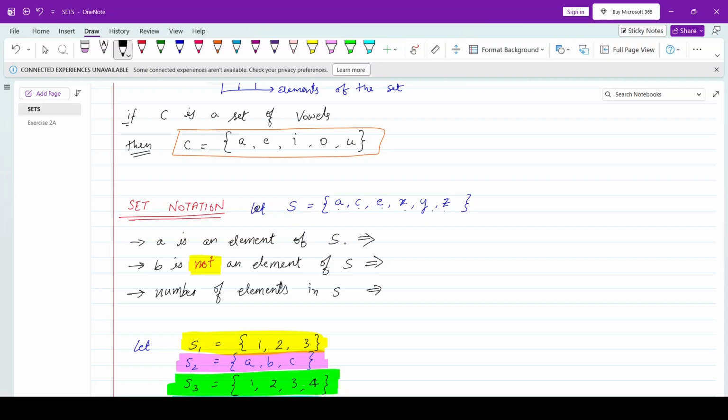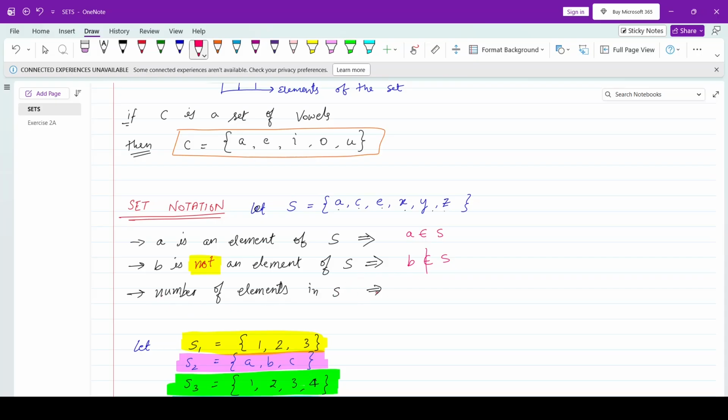A is an element of S, and we write it in set notation like this: A is an element of S. Now B is not an element of S, so we cross it.